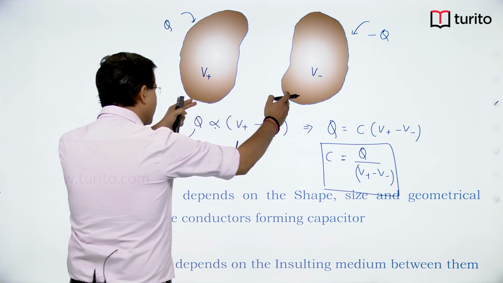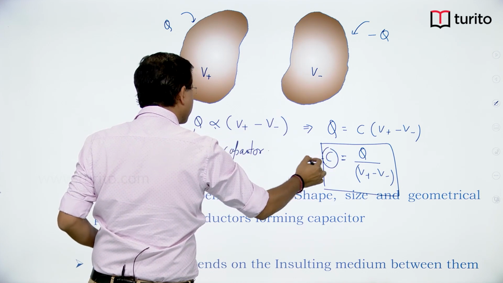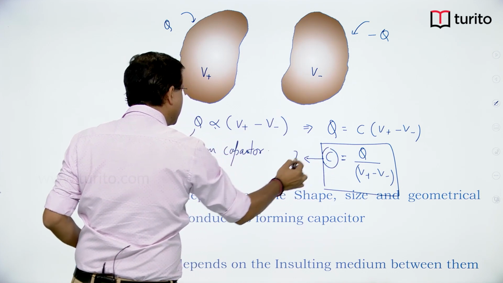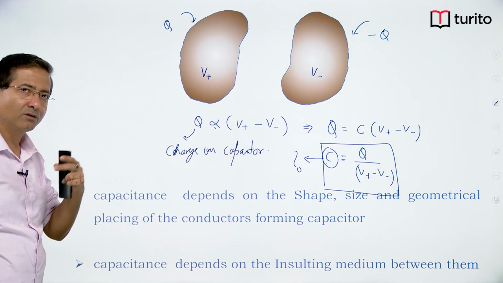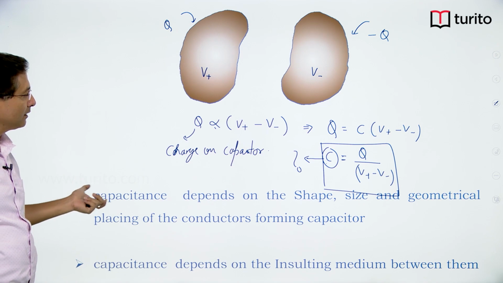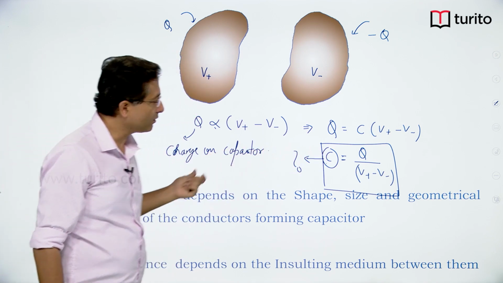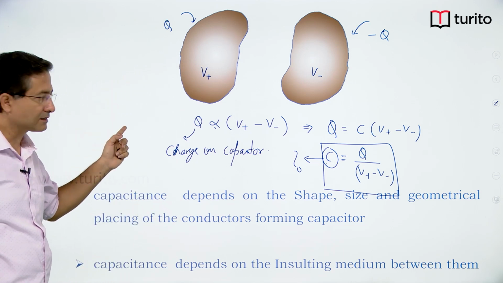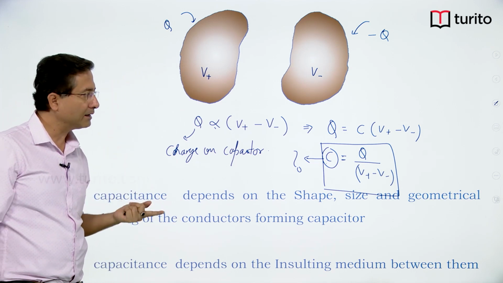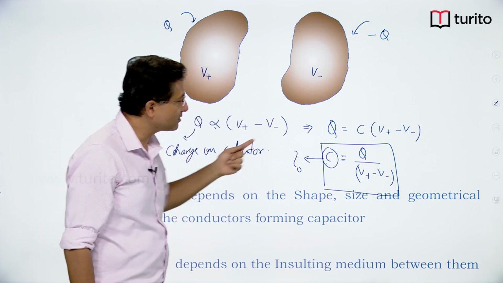Depending on the separation, shape and size, you are going to get the value of C. We will see these parameters while deriving the formula. For the time being, I am just giving you what C depends on. What C is we discussed in the previous slide. Now I am telling you on what factors this C depends.